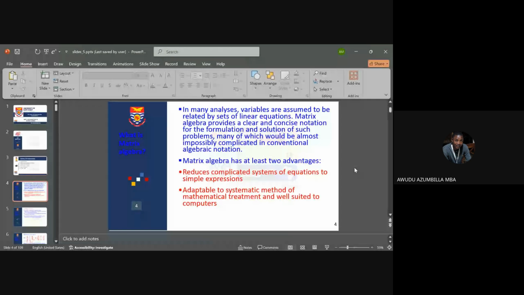But sometimes we want to solve those linear equations and it becomes a problem for us. Matrix algebra has come to clear those doubts and help us solve so many linear equations simultaneously.